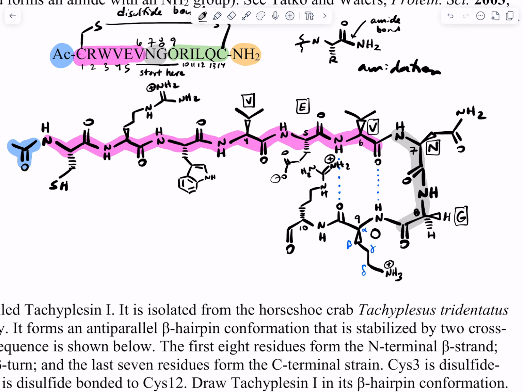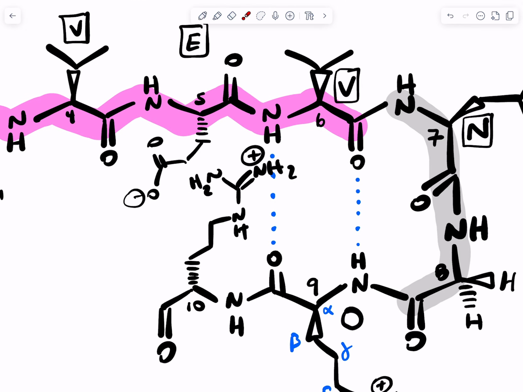So here's a time where you could hypothesize a potential cross-strand interaction. What do you notice about these two amino acids, 5 and 10? They're charged, and they're oppositely charged, right? And they're pointing towards each other, but downward into the plane of the page.